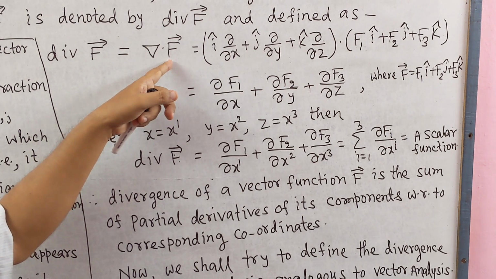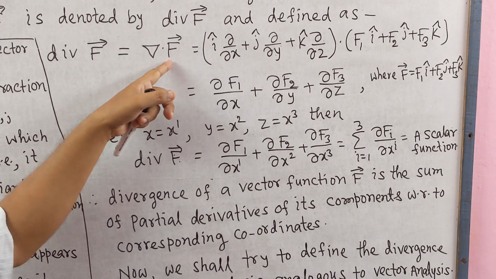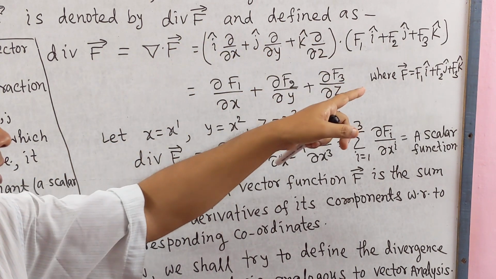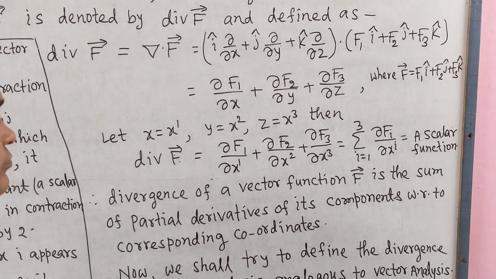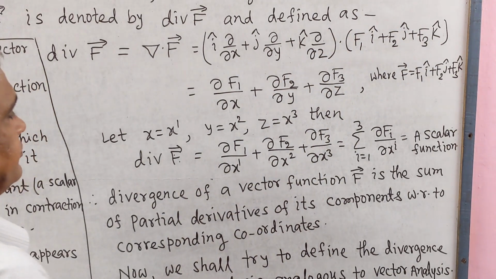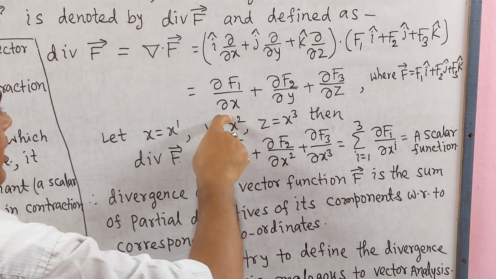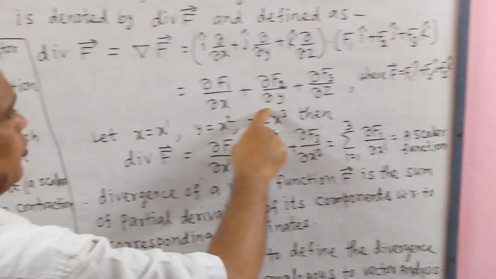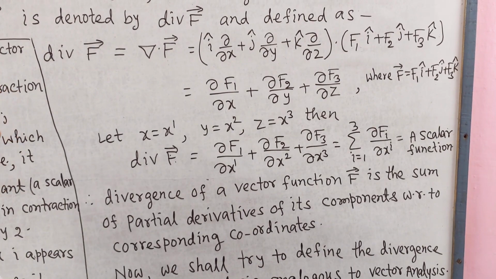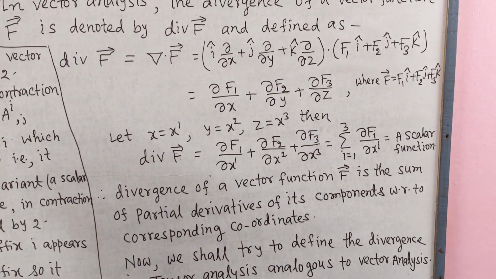Components of f are f1, f2 and f3, so we write f as f1 i plus f2 j plus f3 k. Dot product of these two brackets gives del f1 by del x plus del f2 by del y plus del f3 by del z, where f equals f1 i plus f2 j plus f3 k.